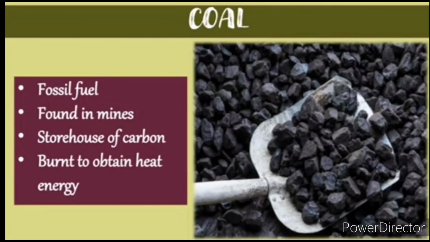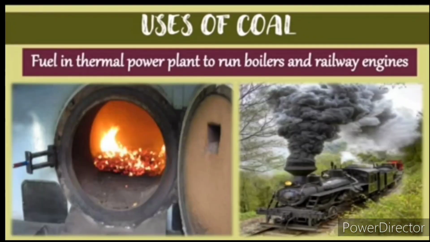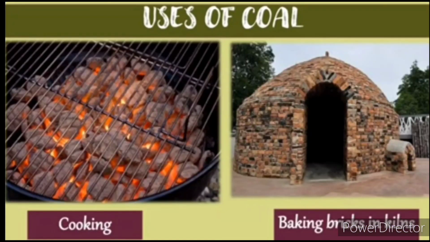They are found in mines, stored as a source of carbon, and burned to obtain heat energy. There are various types of coal available in nature, that is peat, lignite, bituminous coal and anthracite coal, which are used for industrial development purposes. The fuel in the thermal power plant runs the boiler and generates energy.